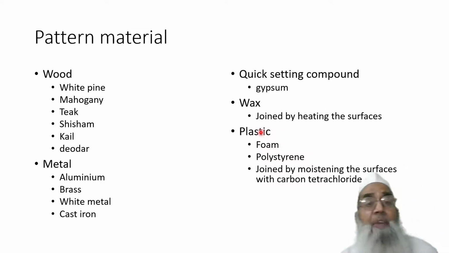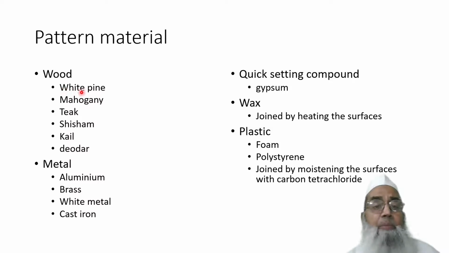Now there are different types of material used for making a pattern. Say wood: it can be pine, mahogany, teak, shisham, kail, deodar, etc. Or it can be metal like aluminium, brass, white metal, cast iron, or a quick setting compound, gypsum, and wax.